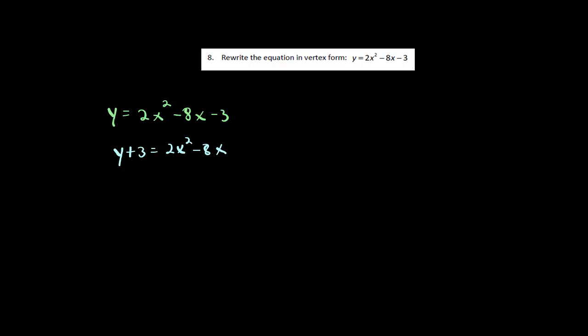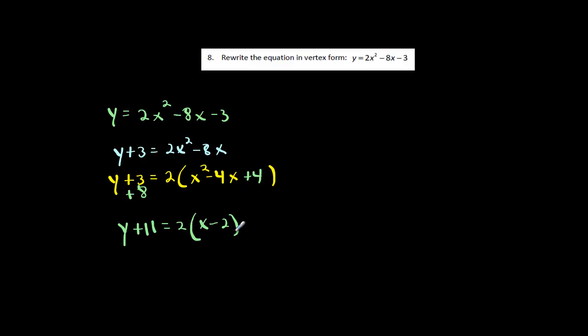Okay, now our next step is factoring out the lead coefficient from both of these terms and leaving a space. Half of that squared is 4, so it's 2 times 4 is 8. And then we simplify, so y plus 11 equals 2 times (x minus 2) squared, and it's in vertex form.